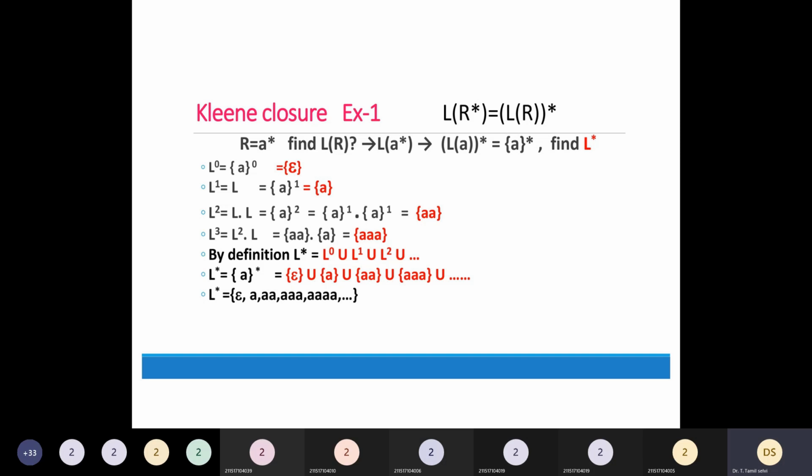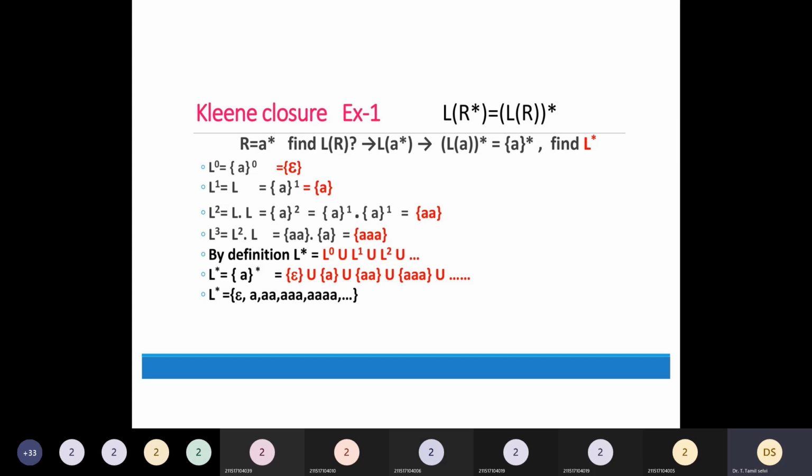So don't forget, star means 0 or more occurrences of the particular symbol over the alphabet. So here the given alphabet is small a. Small a power star means you have to write a power 0, a power 1, a power 2, a power 3, etc., up to a power infinity. So a power 0 is nothing but the null string epsilon. If it is a power 1, you will be getting a single a.